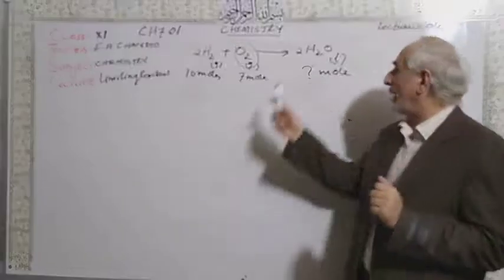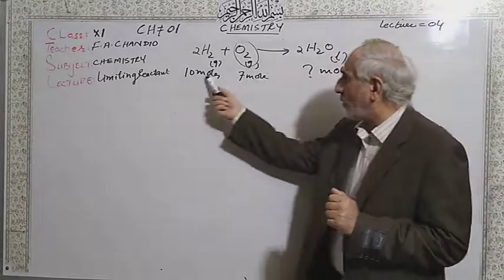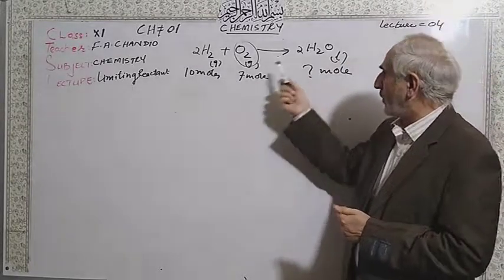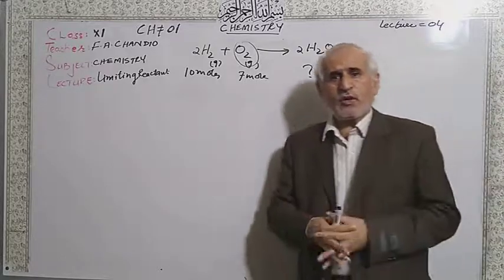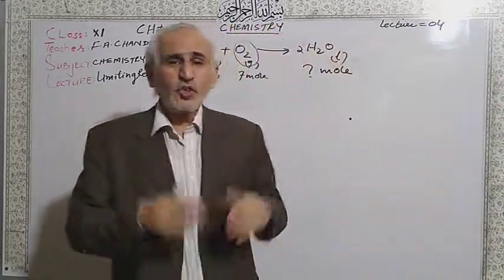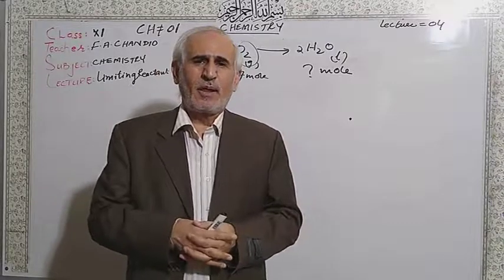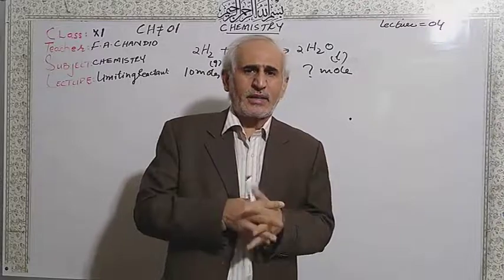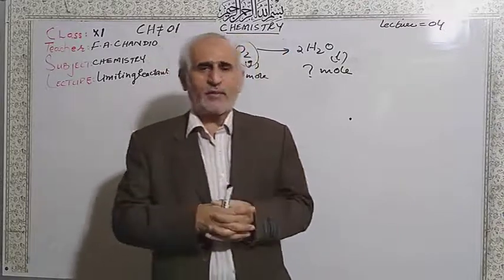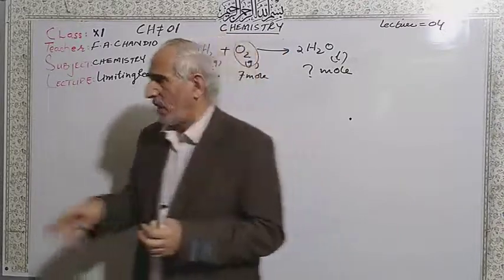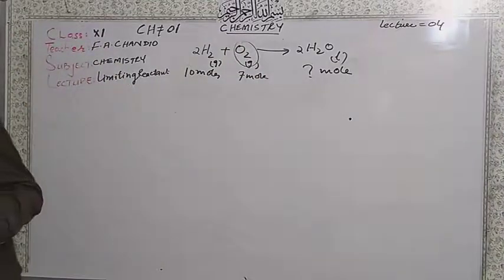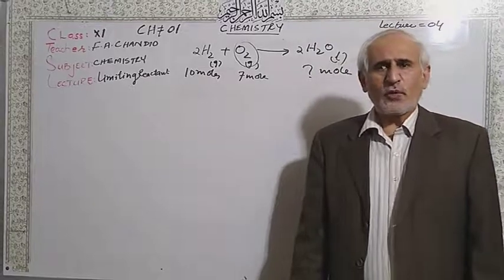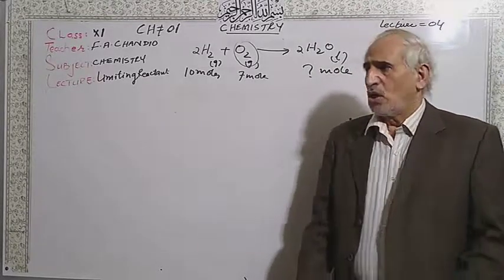So dear students, you can calculate the moles of water from the hydrogen. You can also calculate the moles of water from the oxygen, because both are given. But which answer is correct? Through the limiting reagent, we will calculate the amount of product.